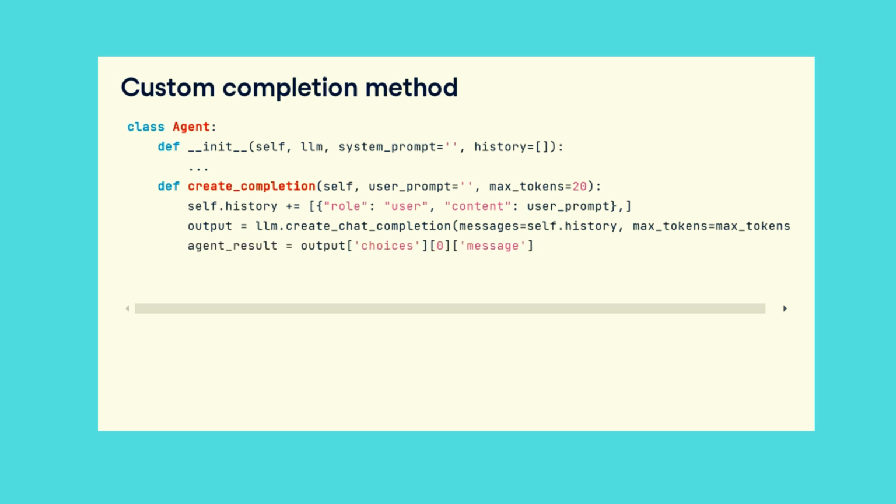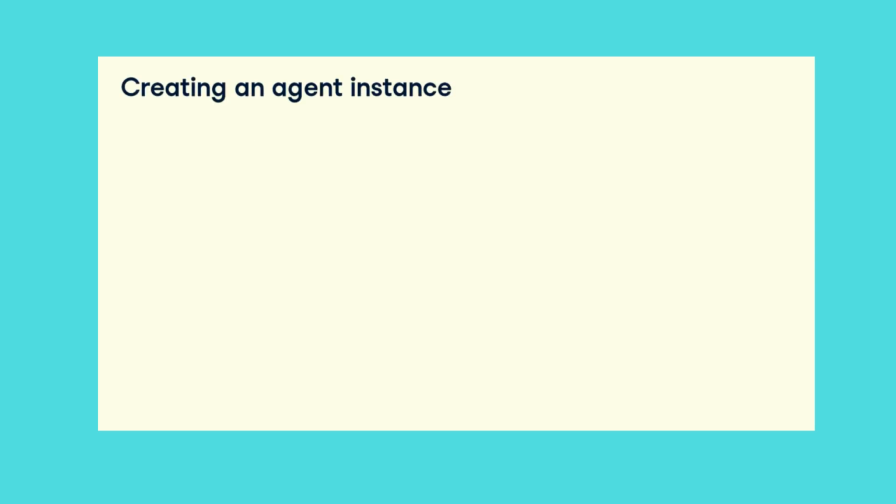The response is the first element of the output's choices. It then stores the result, a dictionary with the role and output text, in the history and returns the agent's reply.